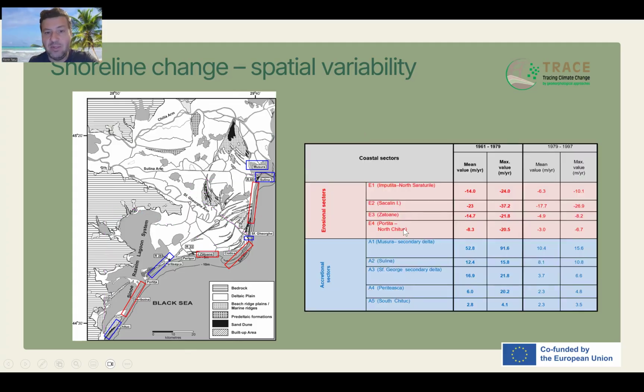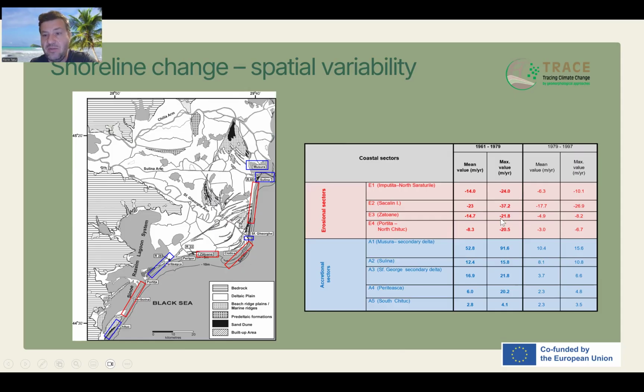And here are some metrics, some data. You can see that in the first part, 1961 to 1979, we had up to 15 meters per year, for instance 14 meters per year on average, or 23 meters per year for the Sakhalin spit, with maximum values exceeding even 30 meters per year.